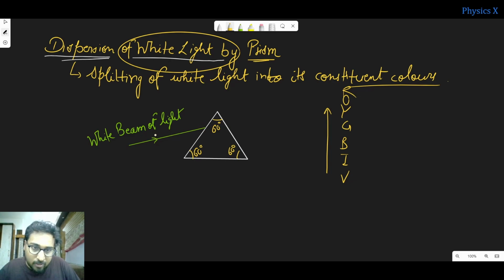So this is the incident ray of light, which is a white beam of light. We know this first surface is inclined at 60 degrees. So what will be the normal to this surface? This will be the normal to this surface, and the normal to the other surface will be somewhat like this.